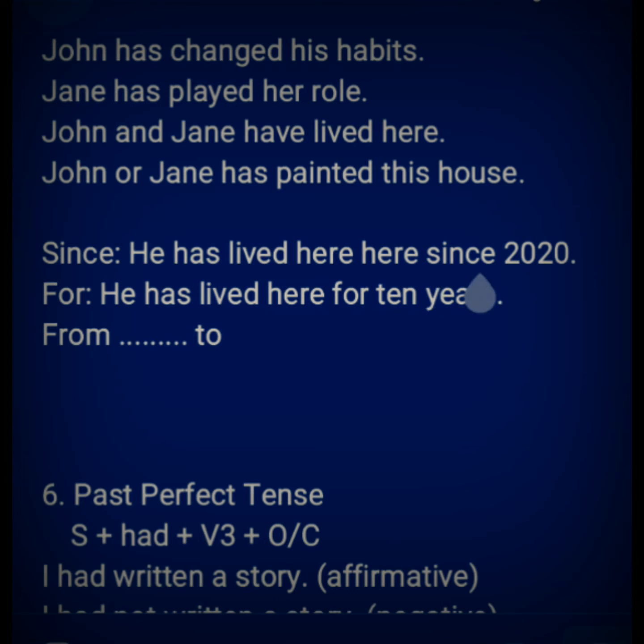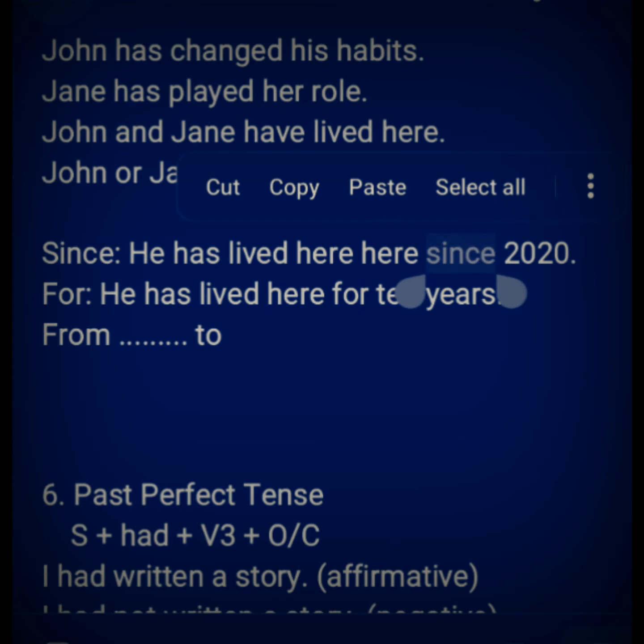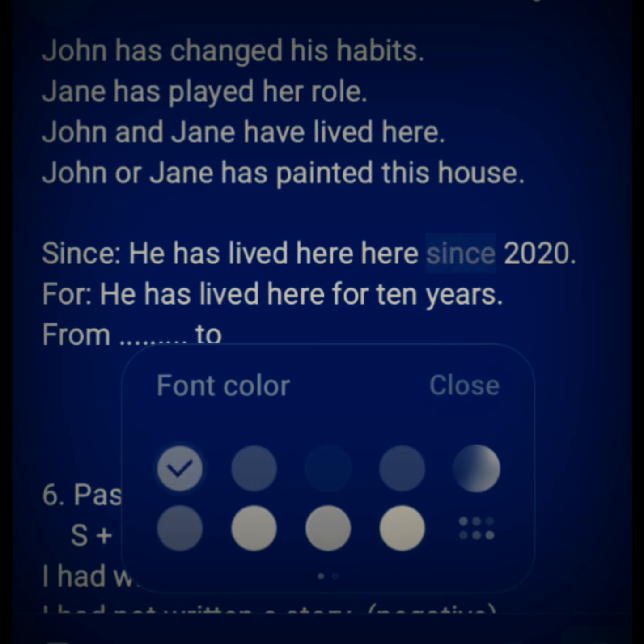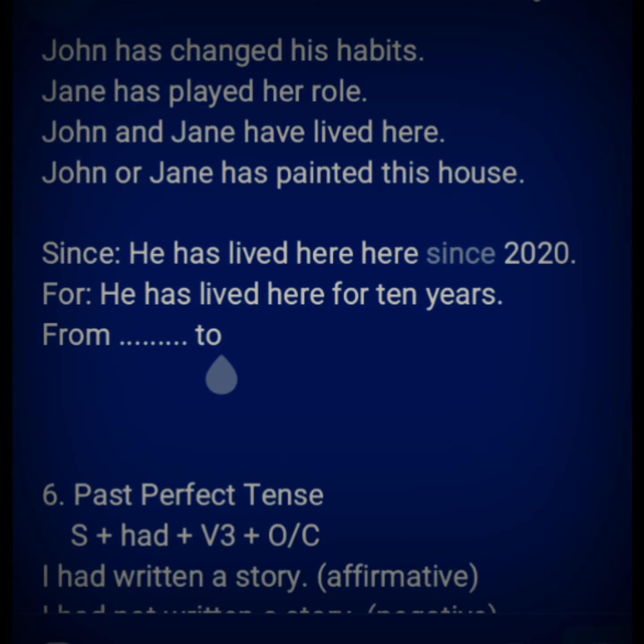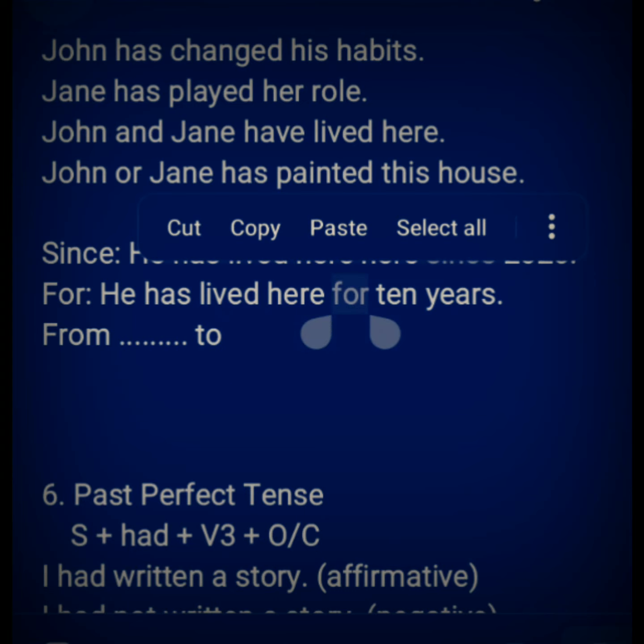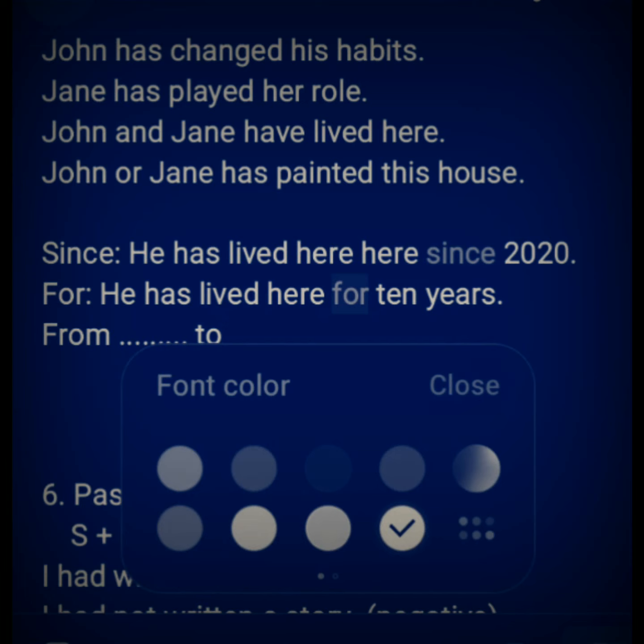And this is the point of time. So with the point of time we have to use since as a preposition, and for a period of time we have to use for as a preposition. So you must note this thing. I will tell you about these points and periods of time in detail in the next tenses. But here you must know about these prepositions and that you can show time in the present perfect also.